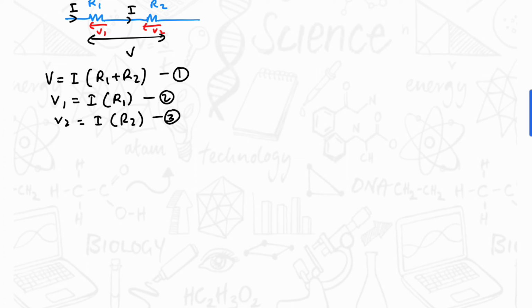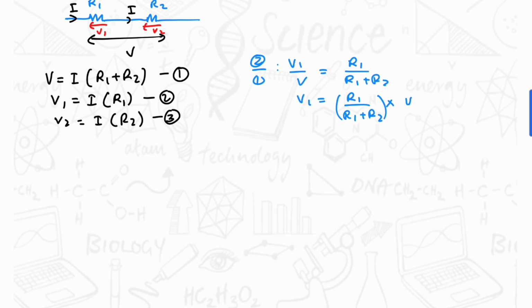So in order to find V1, we can divide 2 by 1. That will give us R1 divided by R1 plus R2. That is V1 is equal to R1 divided by R1 plus R2 times V. Similarly, if we want to find V2, that will be R2 divided by R1 plus R2 times V.